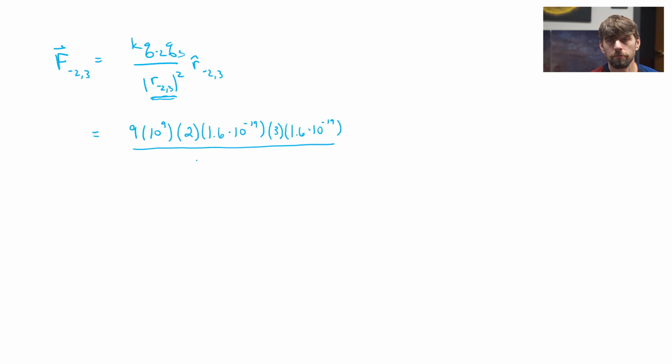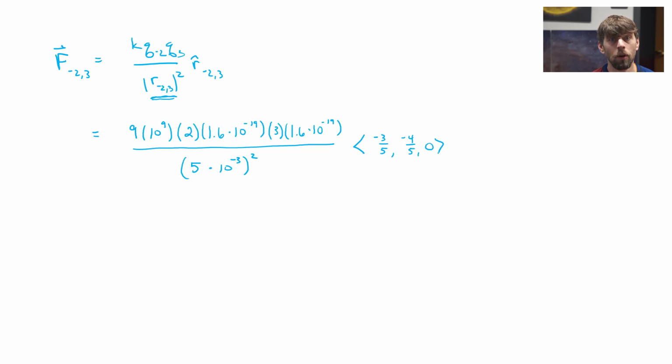So this is 5 millimeters, which is 5 times 10 to the -3rd, and that entire quantity is squared. And then lastly, we'll include the unit vector (-3/5, -4/5, 0).